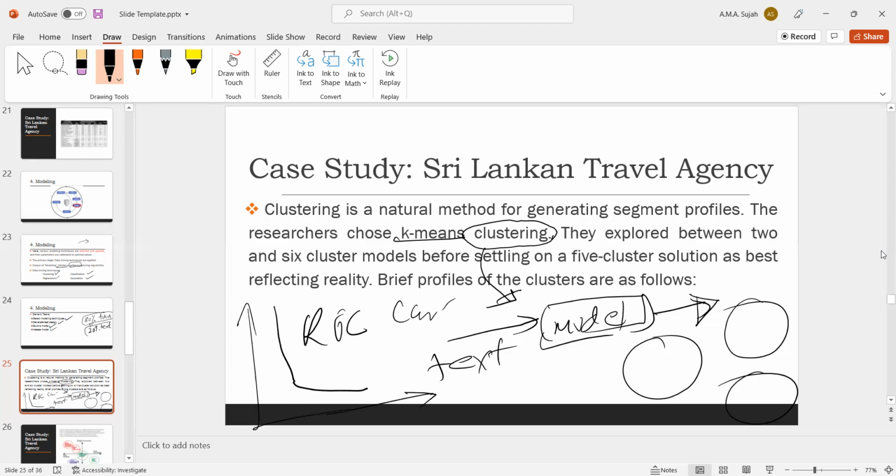Whenever we are discussing clustering, they will find out the distance between the data points. Which distance is low? Let's say here we have 3 data points. This distance is 5 centimeters. This distance is 8 centimeters. So the distance between these 3 data points is, let's say, 1 centimeter. Total distance is 8 plus 5 plus 1, altogether 14.